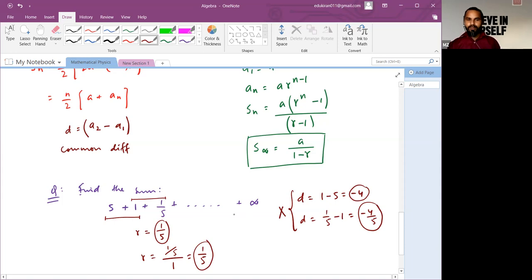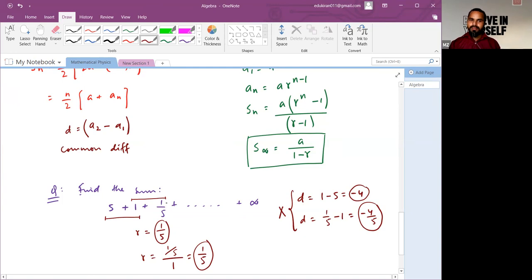The next step is to define whether they are in GP or not, for which we have to find the common ratio. Common ratio is nothing but the ratio of two consecutive terms, A2 by A1. That's why I have written A2, that is 1, divided by A1, that is 5, so it will be 1 by 5.